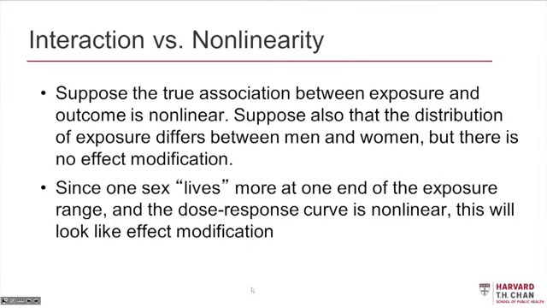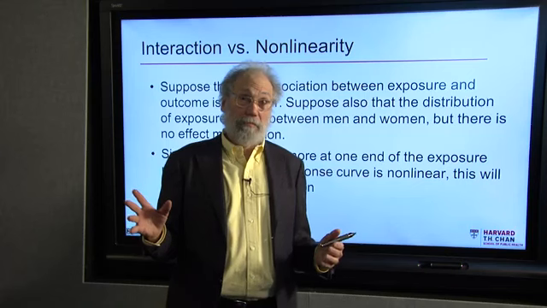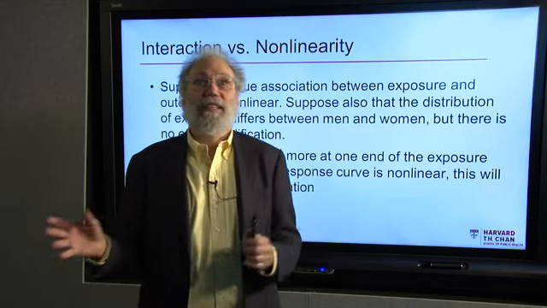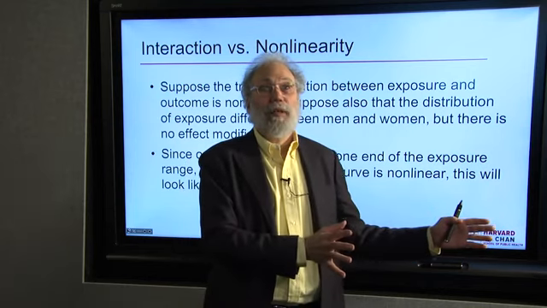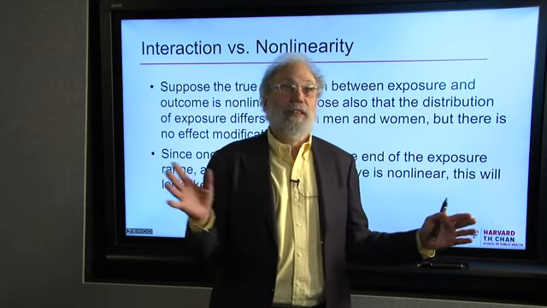Now, all of this is very nice and simple if everything in the world was linear. Unfortunately, that's not true. So now imagine I have an exposure and an outcome, and the relationship between them isn't linear. And then also imagine that there's a difference in exposure on average between men and women.